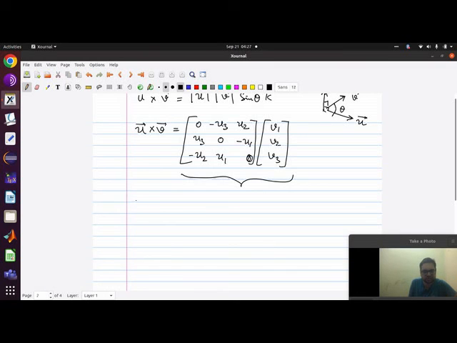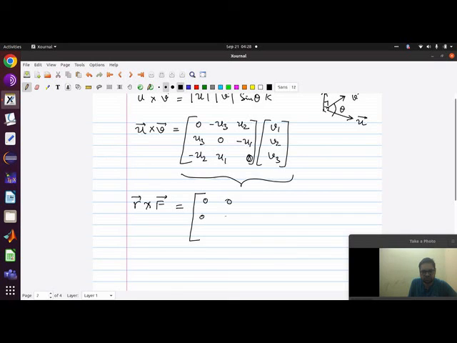So generally in our cases, when we want to find a moment, we have r cross f, right? Especially when we are dealing with planar vectors, both the vectors do not have the 3 component or the z component.